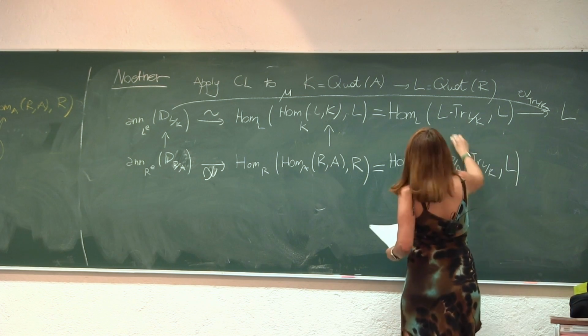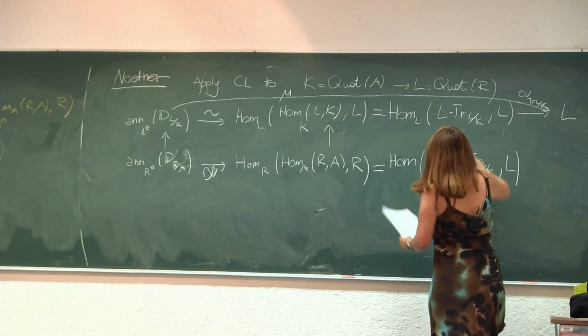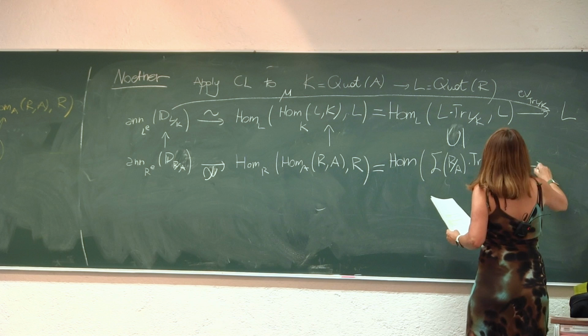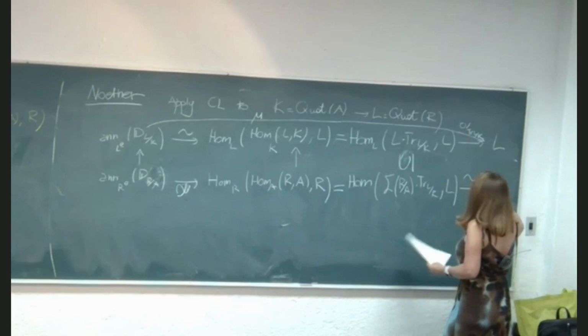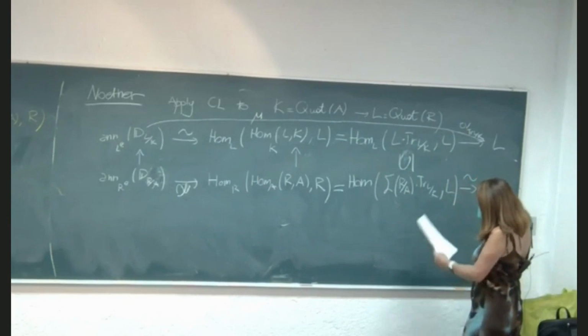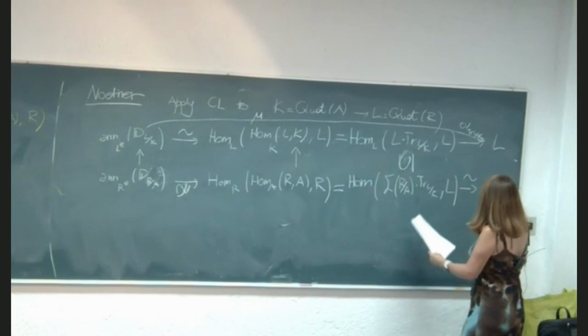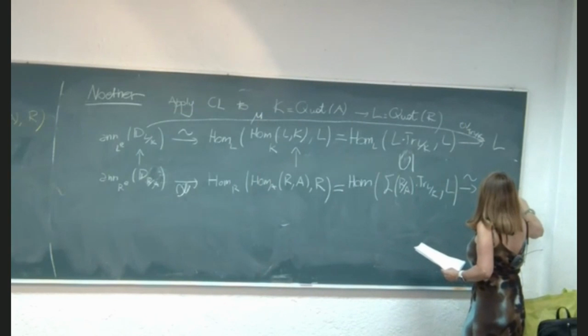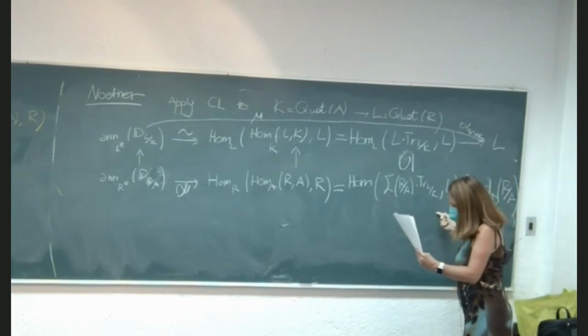Here you have a map. We have seen this before. And here, instead of L being all of L, you have only a submodule, which is the complementary module. Remember, this is included. That's how we define the complementary module. Okay? So you have a map here. This is actually an inclusion, okay?